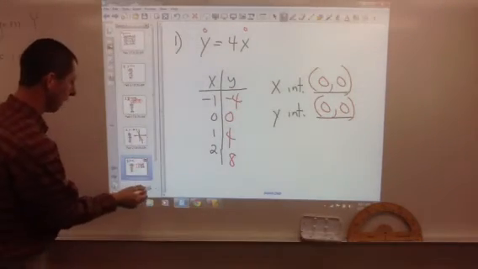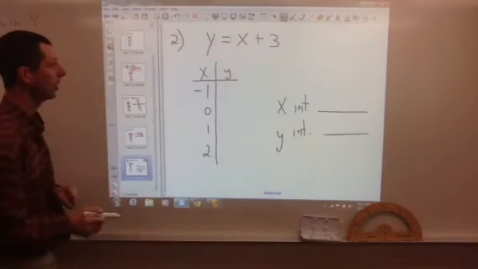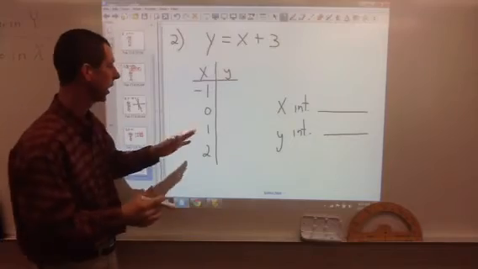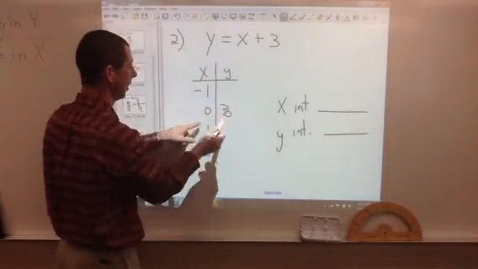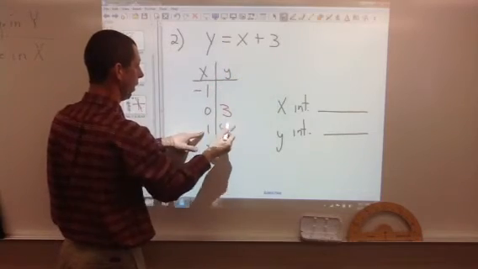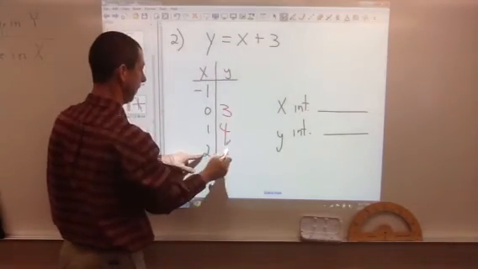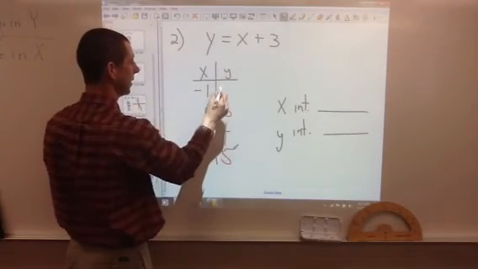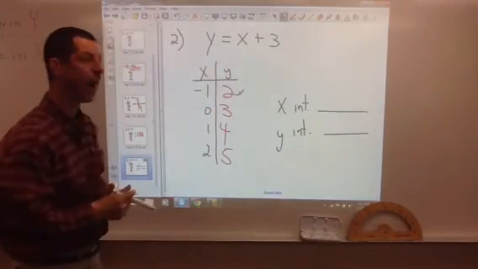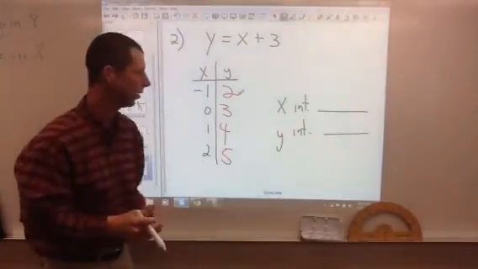Let's try one that's going to be a little different now. This one here is going to come out a little different. Let's fill in the table first. Start with 0, you get 3. Put 1 in, you get 4. Put 2 in, you get 5. Put -1 in, and you get 2. All right, now let's find the x and y intercepts.